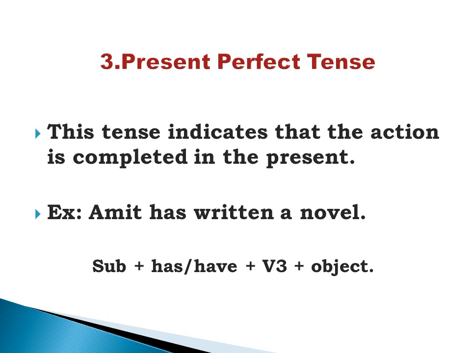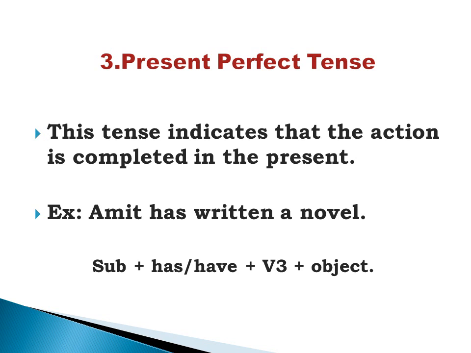Present perfect tense. The very title indicates the meaning of the tense. This tense indicates that the action is completed in the present. Amit has written a novel. The action of writing is completed in the present.